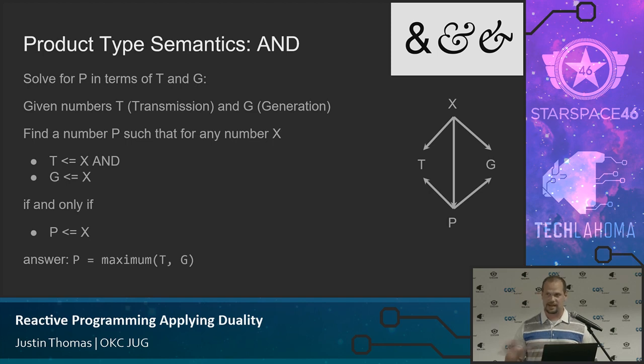If I do the exact same construction, and now I have numbers. So now I say, given a number X, such that instead of you can compute T from X, I say T is less than or equal to X. So I have the exact same structure of my problem, but I've replaced computation by less than or equal to, and I've replaced types by numbers.